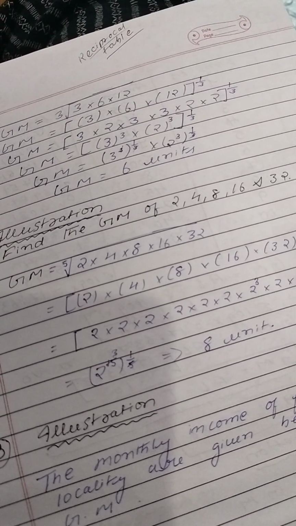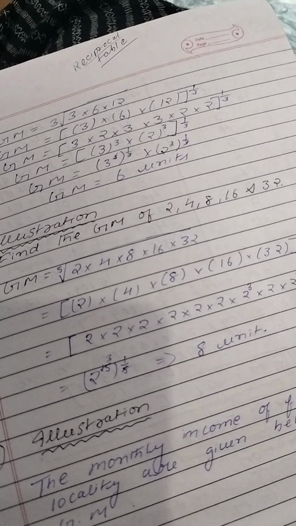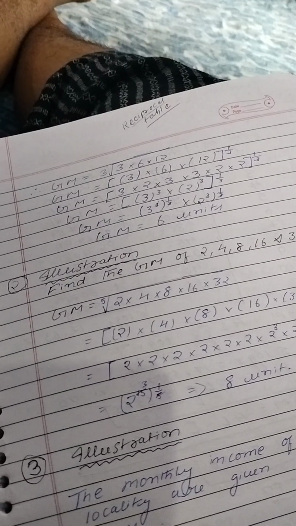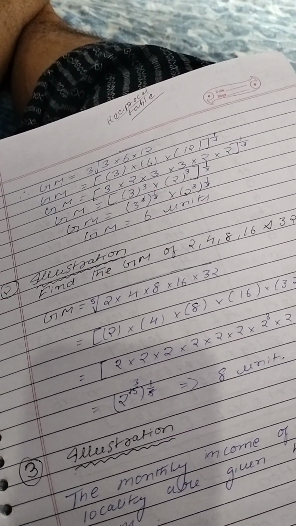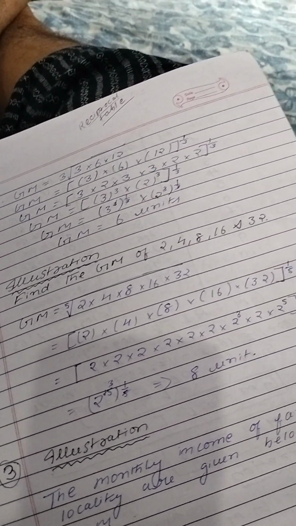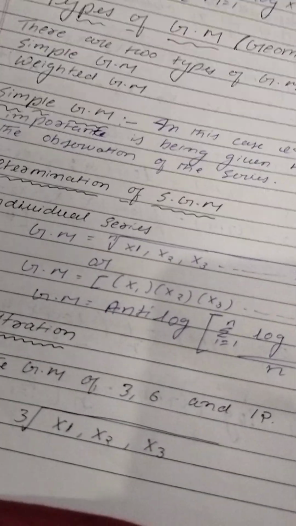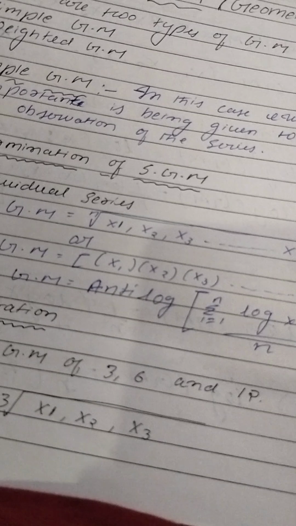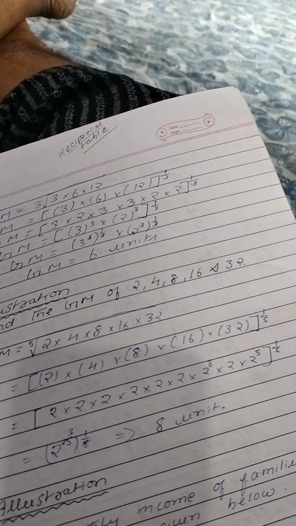After that, 3 into 2 is 6 units. So the first answer is this. Here the 3 is written because it is a 3-observation GM, so the n value is 3 and x1, x2, x3 are the observations, so that's why the answer is like that.